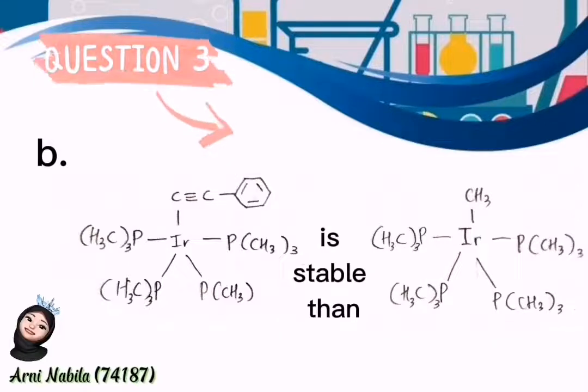Tetratrimethylphosphine phenylacetylene iridium is more stable than tetratrimethylphosphine methyl iridium due to the pi backbonding of the phenylacetylene. The triple bond in the phenylacetylene makes the complex very strong compared to the bond in methyl.